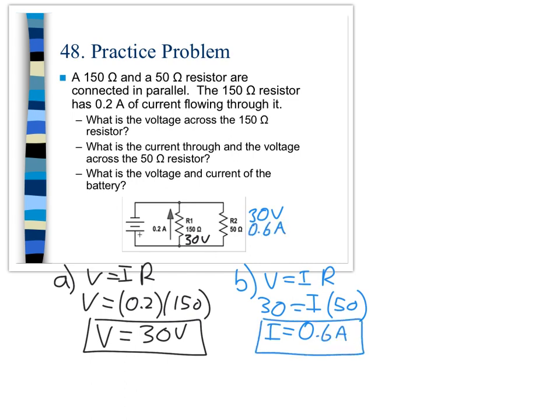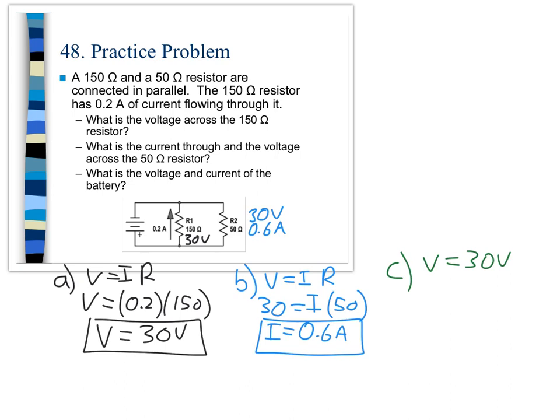The last question asks us about the voltage and current of the battery. The voltage of the battery we know must also be 30 volts, because each of these loops must add up to the voltage of the battery. Since we only encounter one resistor on each loop, the voltage across that resistor must be the voltage of the battery itself.